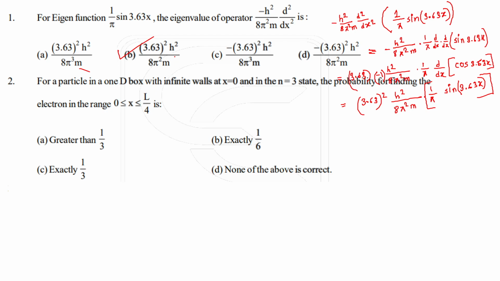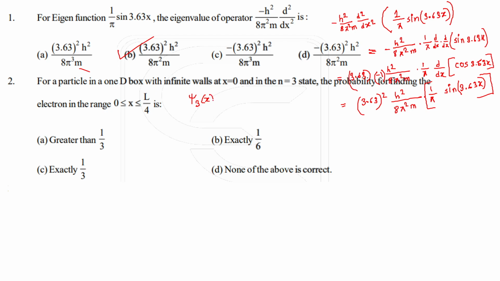The walls are at x is equal to 0 and obviously at L, and what does the wave function look like? So psi 3, because n equals 3.